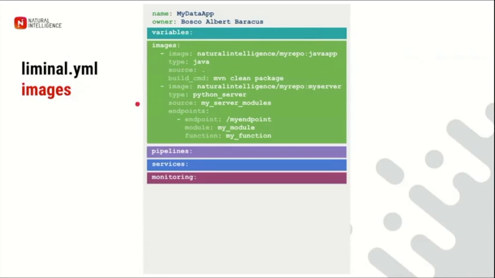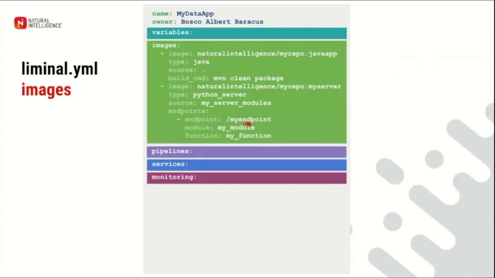In addition to that, we have other image types, which are services, which we mentioned earlier, and our most popular one being Python server, which we mainly use for real-time inference for our ML models. Again, the user just needs to provide an image name, a type, where relatively in their repository the source code is, and they can define endpoints for this service. So we're talking about an HTTP Python server with HTTP endpoints that the user can then define.